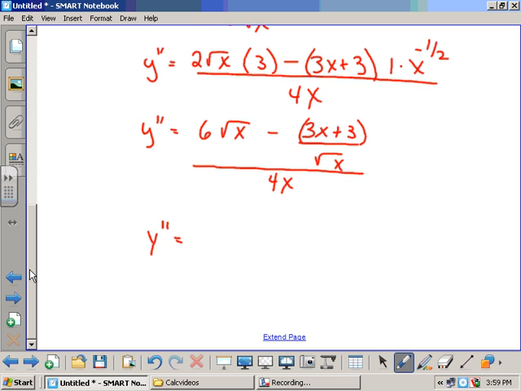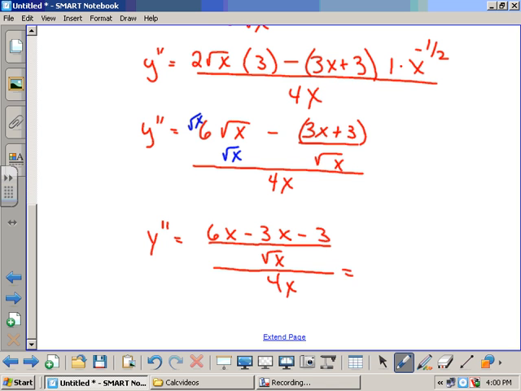So here, I know I need a square root of x, square root of x. Now I have 6x minus 3x minus 3. Don't forget about distributing that negative sign through. And we have square root of x, and then that's all over 4x.